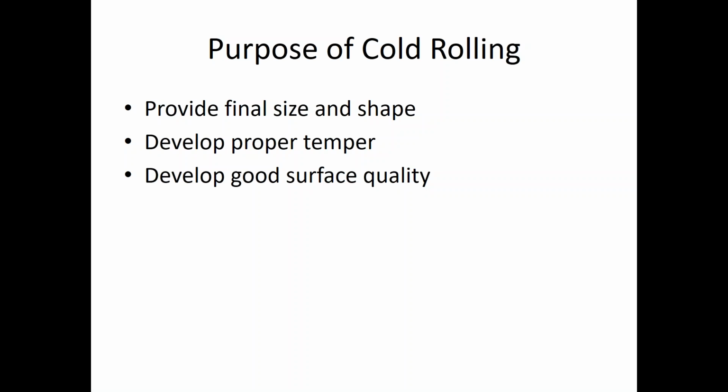Well, then we move on to cold rolling. Purpose of cold rolling is to provide a final size and shape, to develop a proper or final temper, to develop good surface quality.